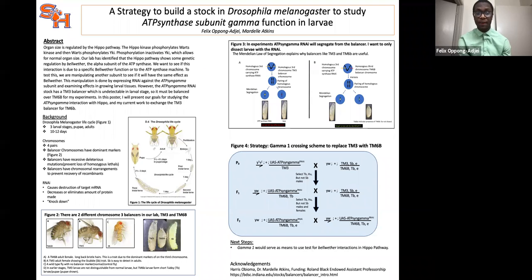So the ATP synthase gamma RNAi must be rebalanced over TM6B, because TM6B is a chromosomal balancer that is readily detectable in larval stages. That's the idea of the presentation today: to present the approach for rebalancing ATP synthase gamma RNAi from the TM3 chromosomal balancer onto a TM6B chromosomal balancer.